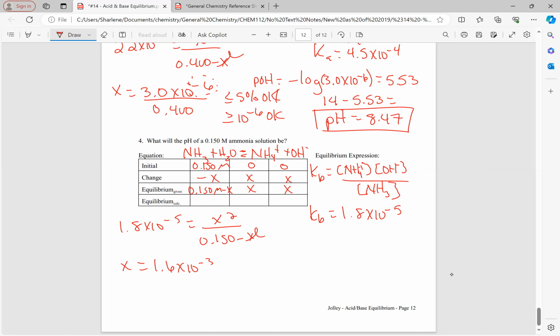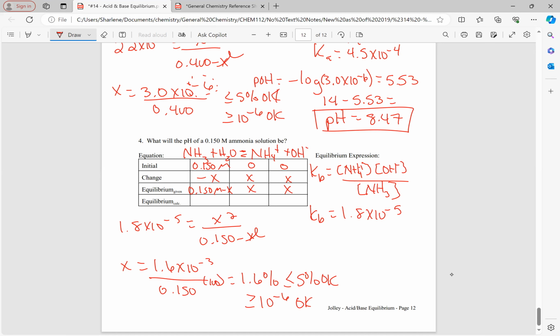That was an assumption, so I'm going to check that I can use that assumption. 1.6%. Yay, it's less than or equal to 5%, so we're okay there. And it is greater than 10 to the minus sixth, so we're also okay on ignoring water.